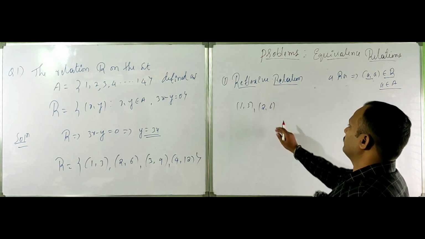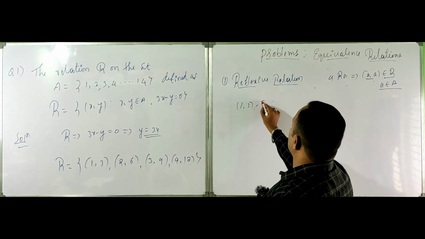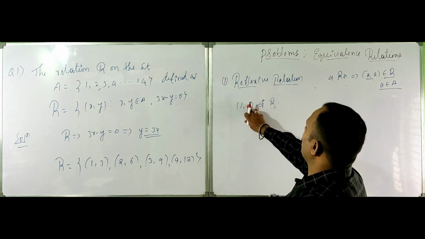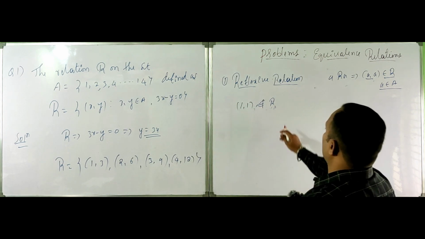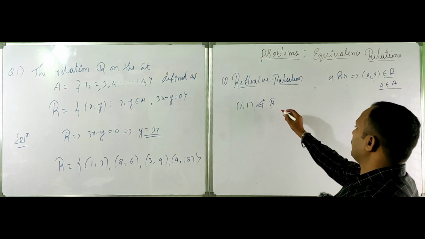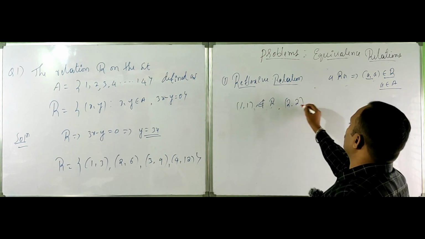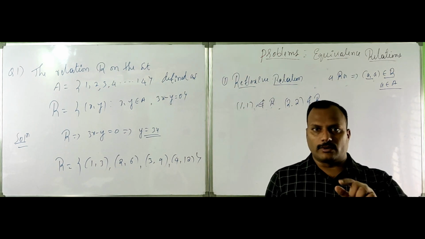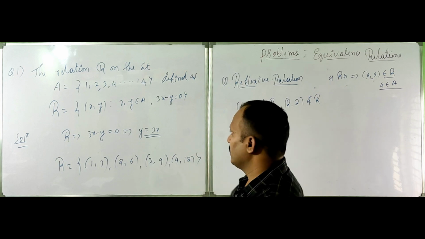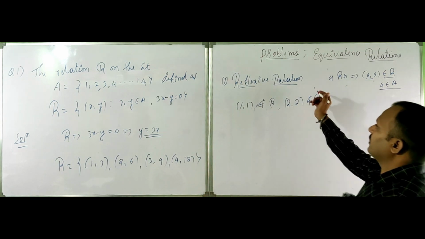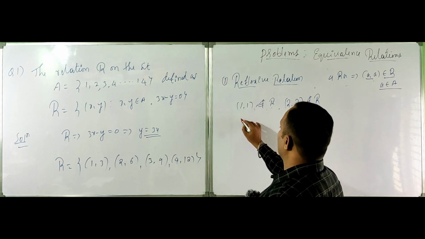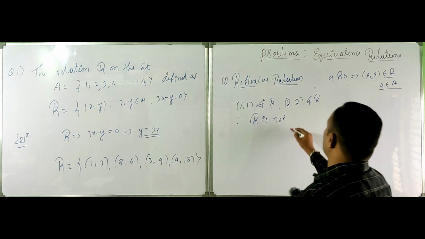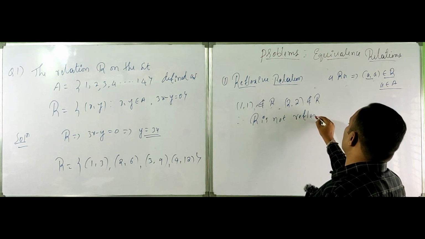You can take just one value. (1,1) does not belong to R. Again you can take any element: (2,2) also does not belong to R. You have to show that one common element, you can take 1 or you can take 4, does not belong to R. Then therefore R is not reflexive.